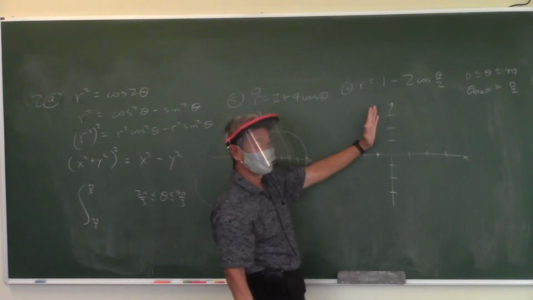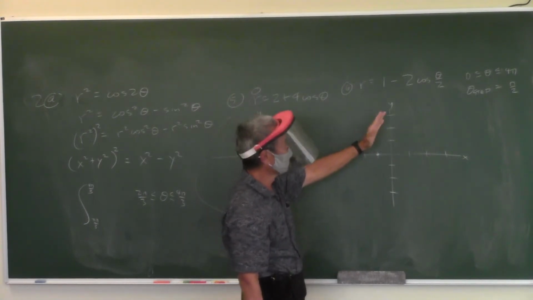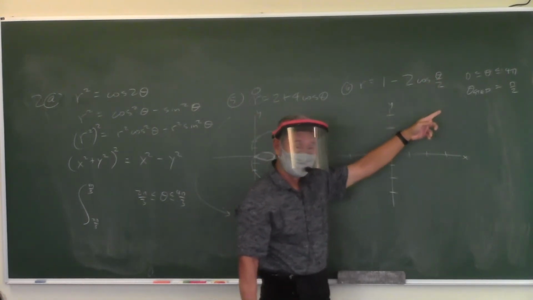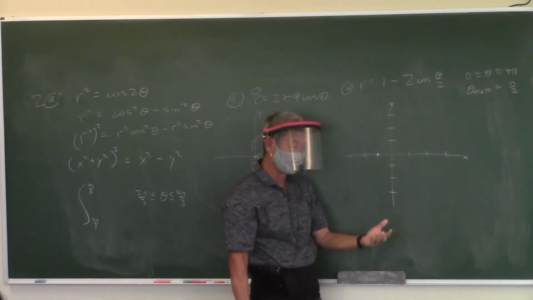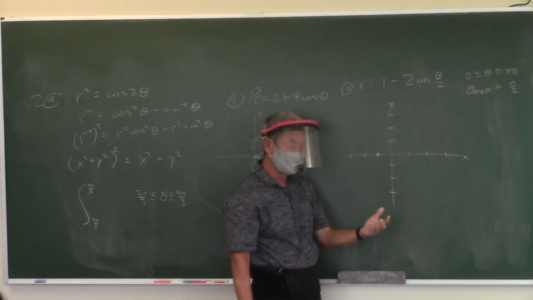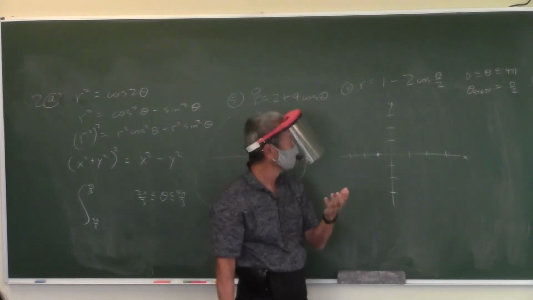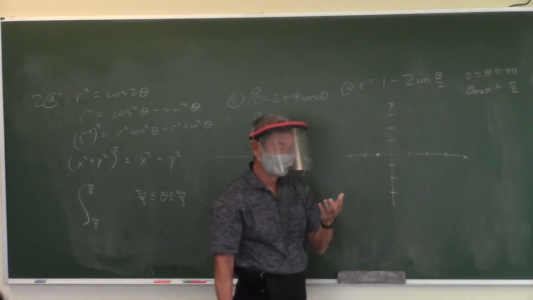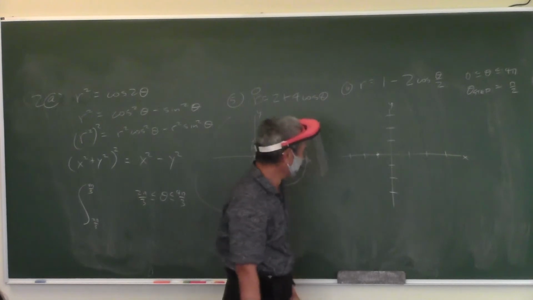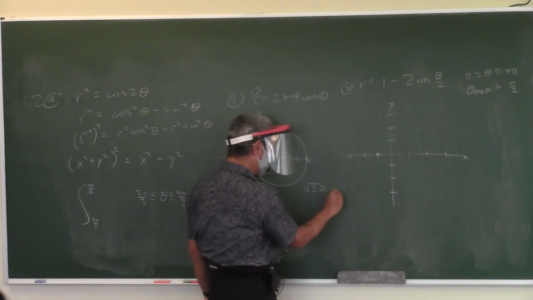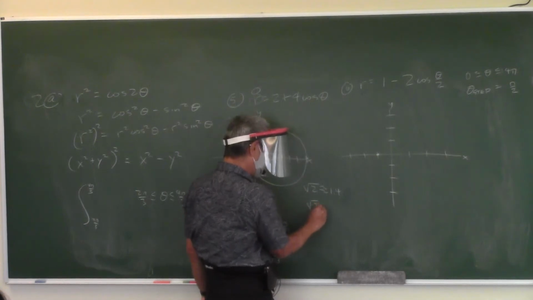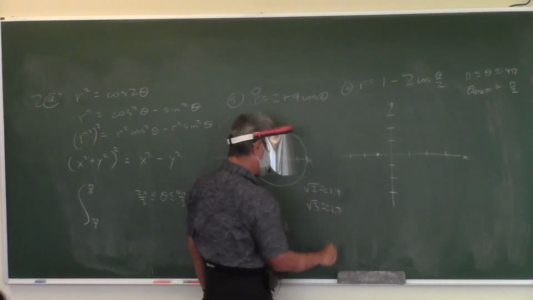Okay, plug in pi over 2. Pi over 2 over 2 is pi over 4. Cosine of pi over 4? Root 2 over 2. I told you guys for graphing purposes, radical 2 is approximately 1.4, radical 3 is approximately 1.7.